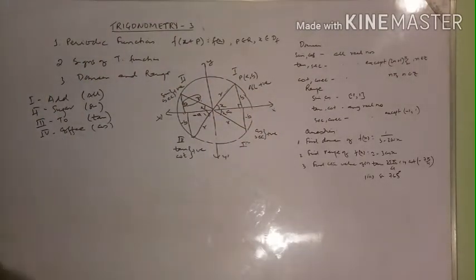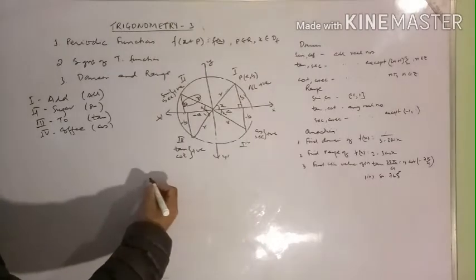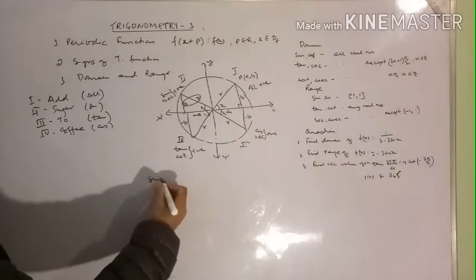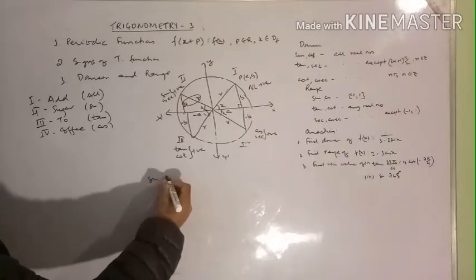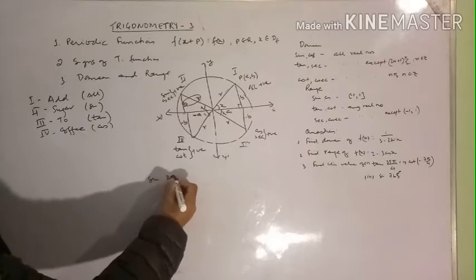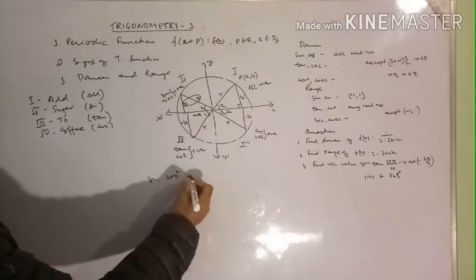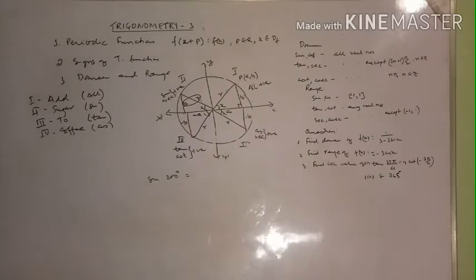Okay. So suppose you have to find the value of sine 200 degree. So whether this will be positive or negative, how do you know? You have to find out which quadrant this angle lies in. Then you can find the sign.